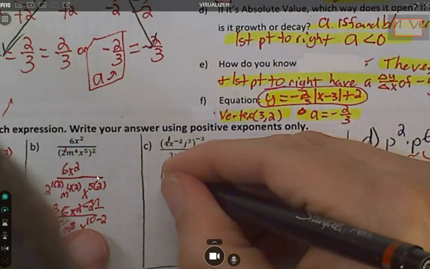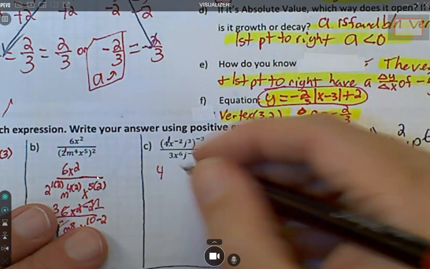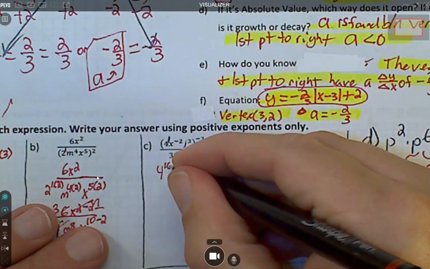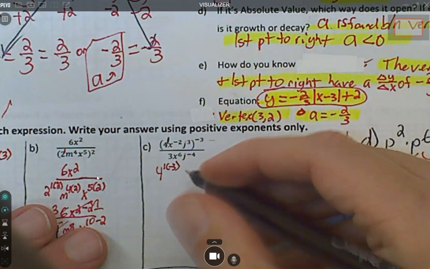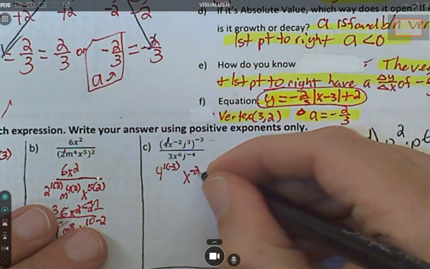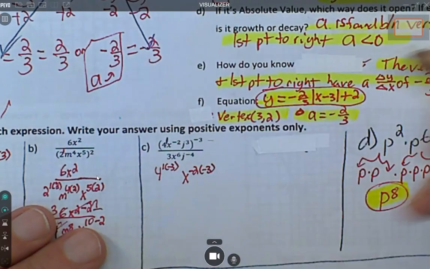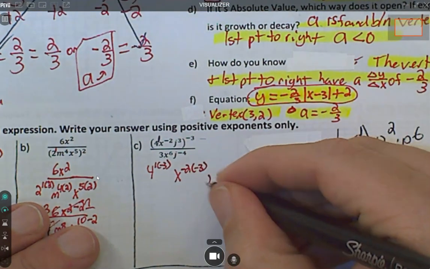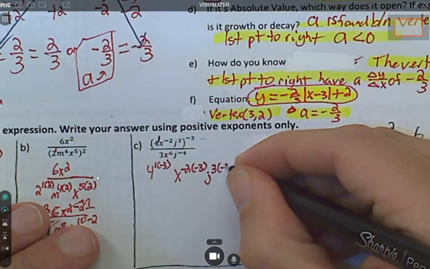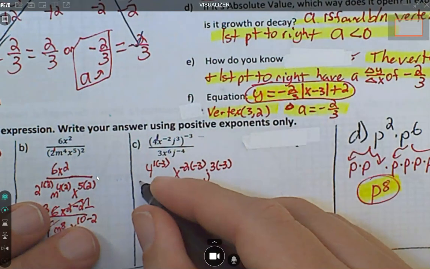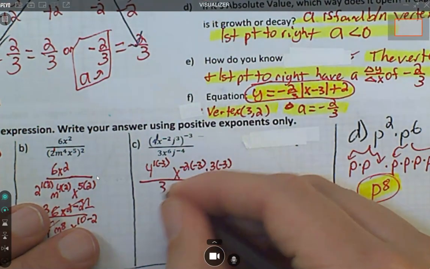We got to do 4 to the first times negative 3. Then we got to do x to the negative 2 times negative 3. Then we got to do j to the 3 times negative 3. And there's nothing really we can do down on the bottom.